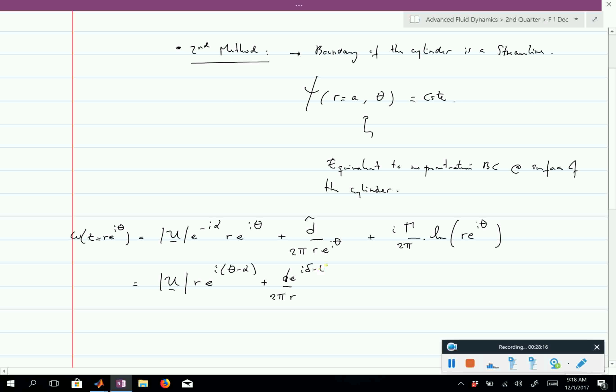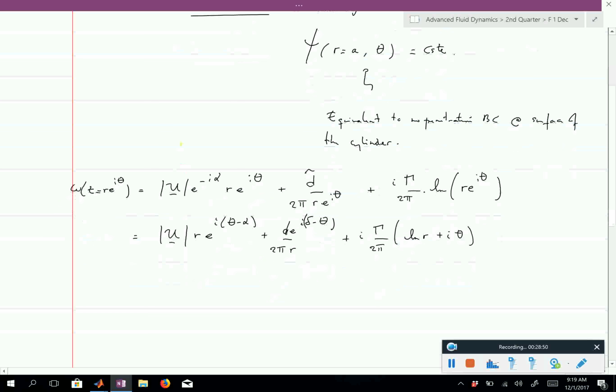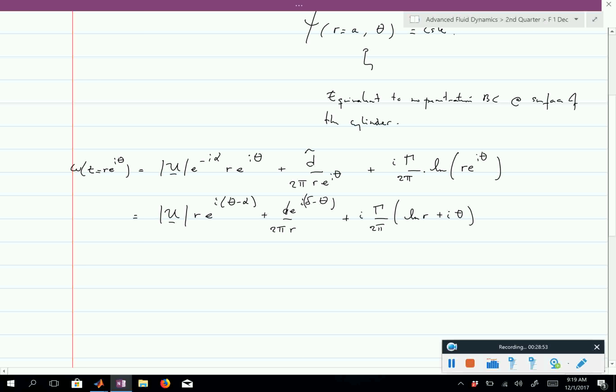So then I have a minus theta here. This minus theta just comes from the 1 over e^(i theta), and then plus i gamma over 2 pi, and this is the log of r plus i theta.